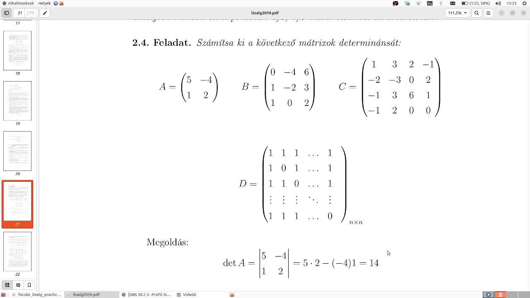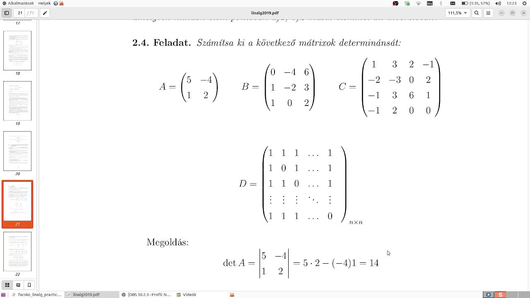Okay, so I will write it down. 1, 3, 2, minus 1, minus 2, minus 3, 0, 2, minus 1, 3, 6, 1. Okay, and then minus 2, minus 1, 2, 0, 0. That's why I choose this row.